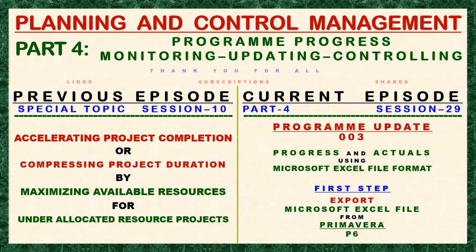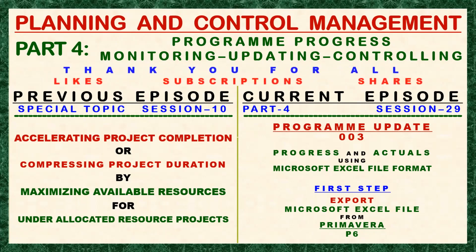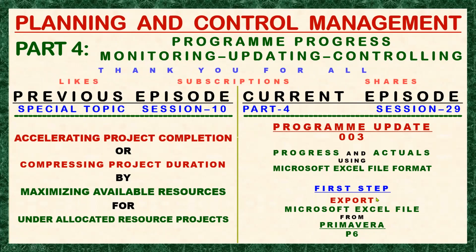After we update our Excel file, the last step is to import the updated Excel file back into our current Primavera P6 program. So we will expect the 2 more steps in our next episode.